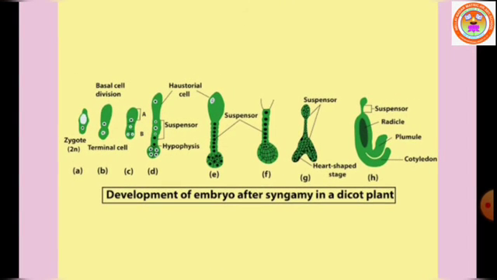At the end, the complete development of the mature embryo in the embryo sac looks like a curved horseshoe shape.